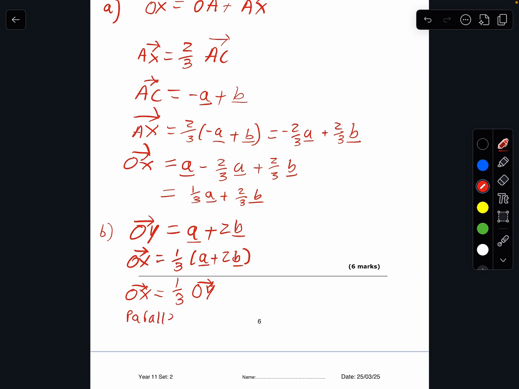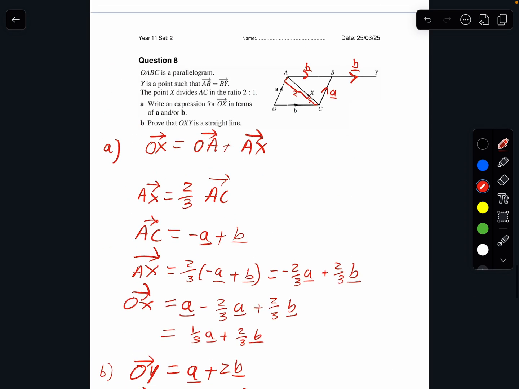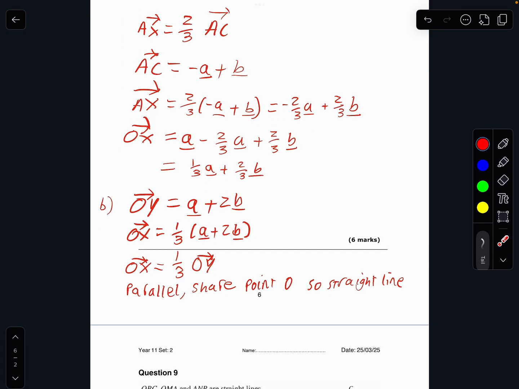They share point O. So straight line. And it really is that easy. A lot of people that I saw that really struggled with this question decided to find X to Y, but then they didn't go in the correct direction. They started trying to do minus this plus that, and it just got very confusing. Just find O to X and O to Y, and life is a lot easier.